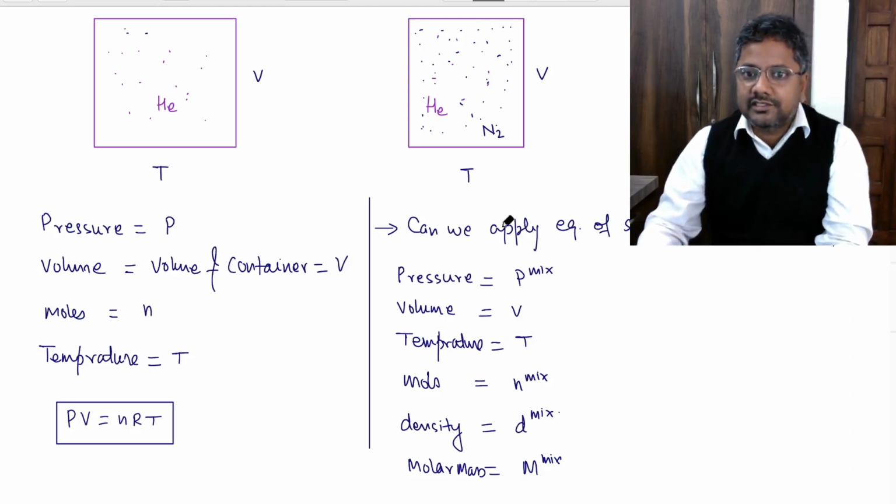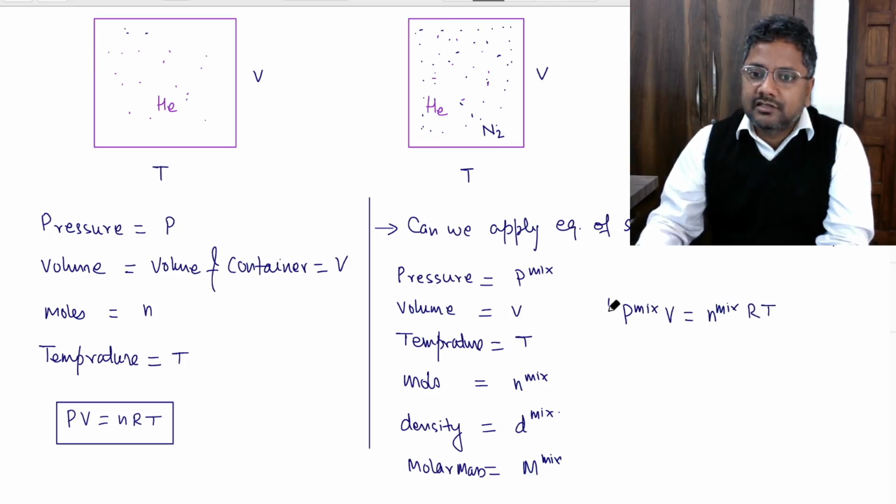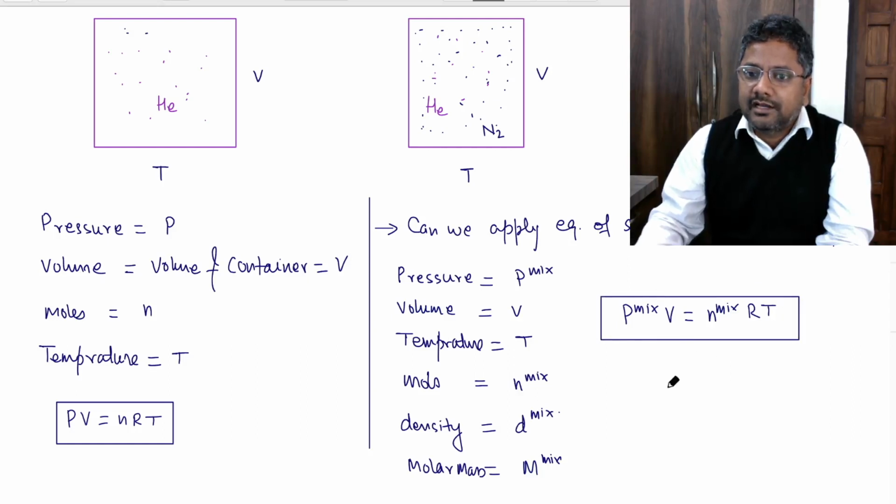So now how will this equation 3 look? P mixture V is equal to n mixture RT, right? And P mixture times molar mass of mixture is equal to D mixture RT.